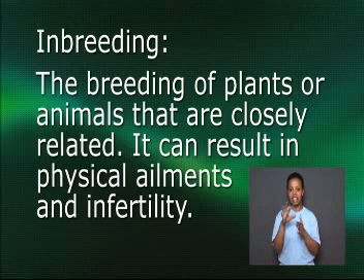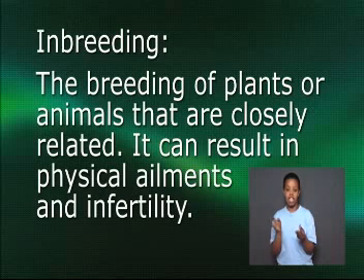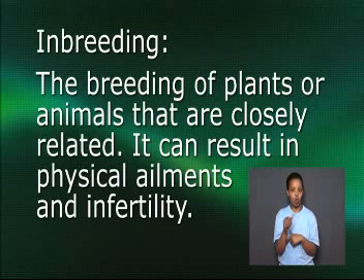Assuming he succeeded, at first he would only have a few cattle of the new breed. If he wanted more, he would have no choice but to inbreed them to maintain the characteristics that he worked so hard to produce.